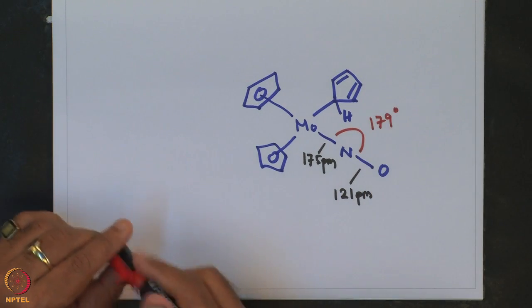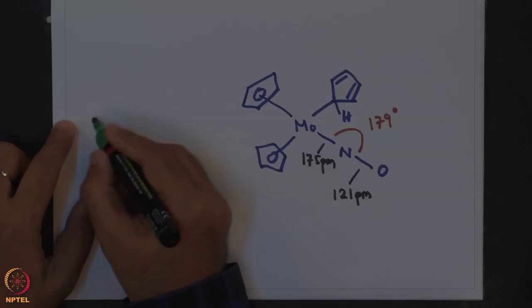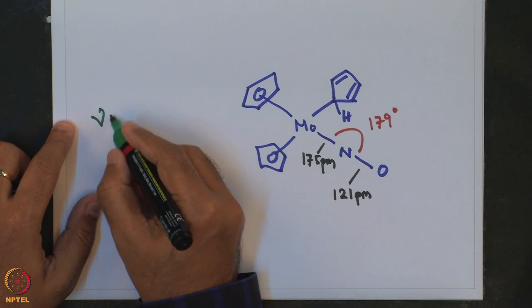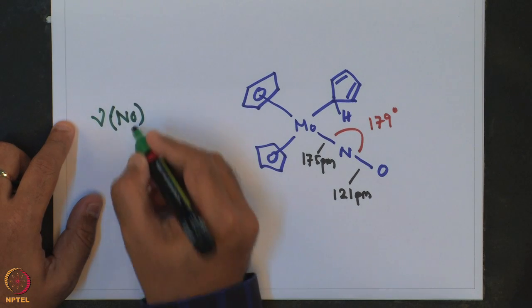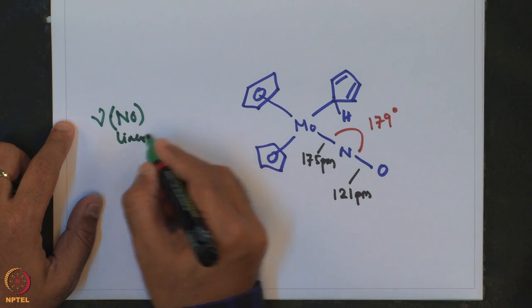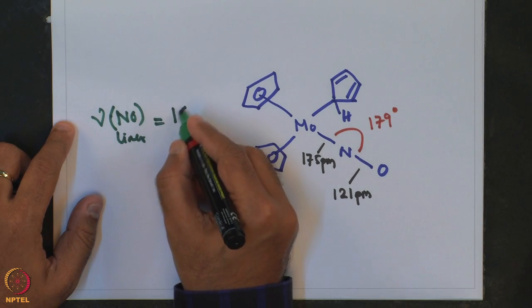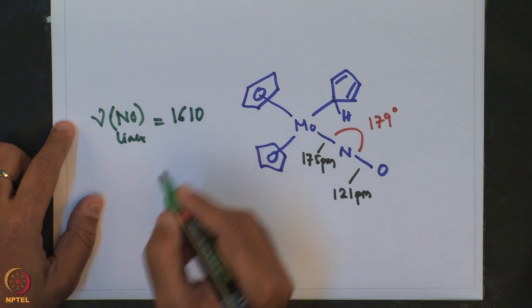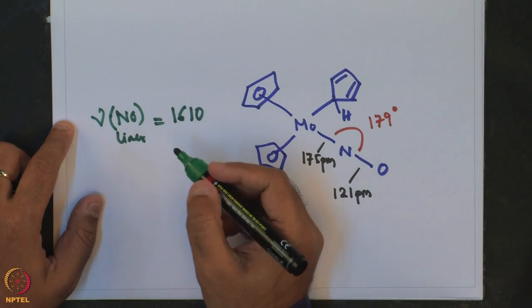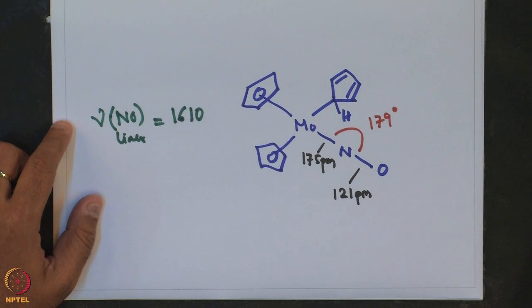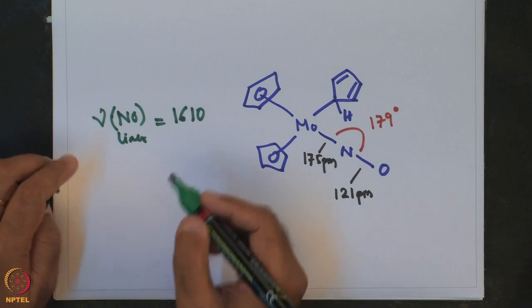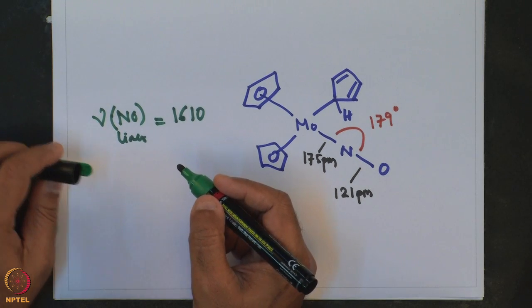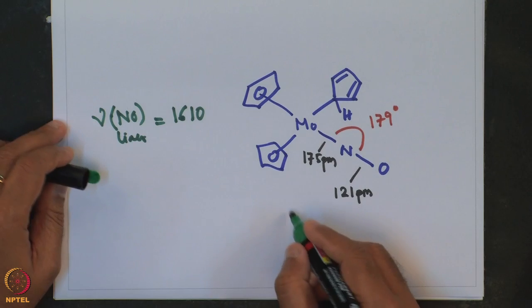So, the corresponding frequency nu NO linear is 1610 centimeter inverse, and this molecule is highly fluxional at room temperature.